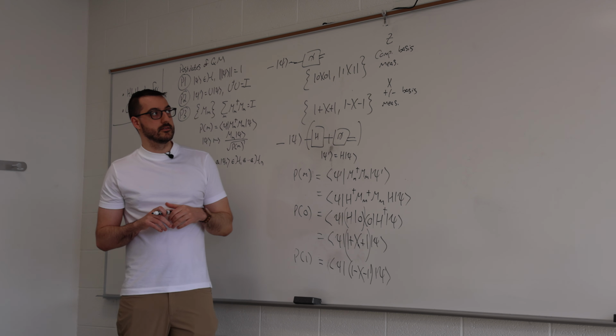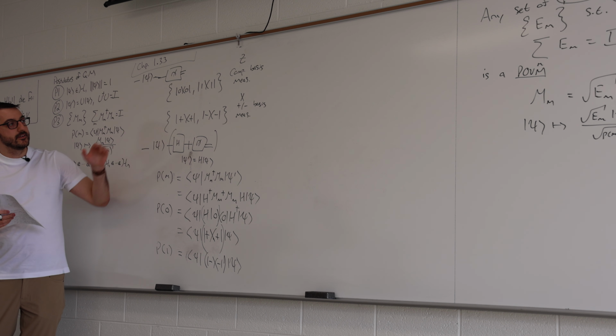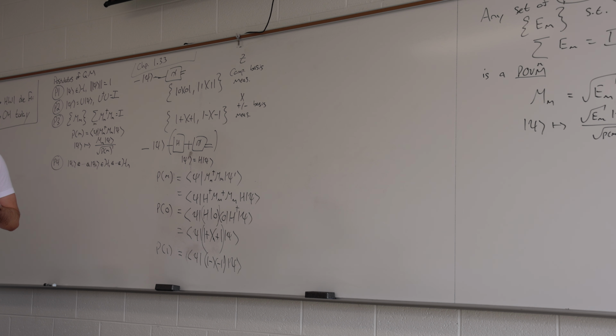So I'll have to remember what it is in the textbook, but it's chapter 1 point something. Thank you. So this is chapter 1.3.3, and this is why measurements in any basis are possible just by virtue of measurements in the computational basis and unitary transformations.